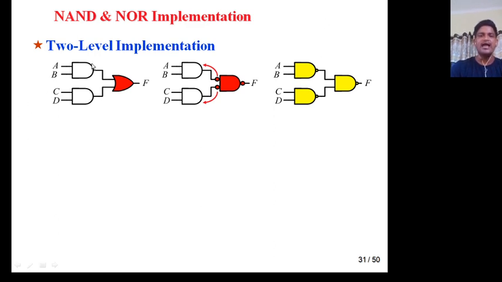AND-OR is nothing but NAND. Always remember, this is level 1 and this is level 2. Level 1 gates are all replaced by NAND, and the level 2 gate is again replaced by a NAND gate. Sum of products is nothing but NAND implementation.